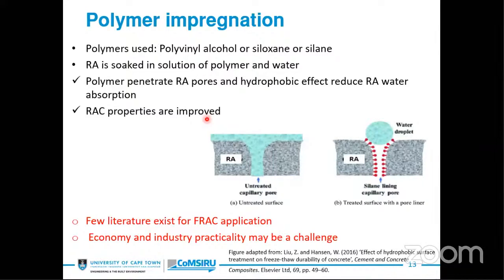The polymer solution penetrates RA pores and forms a thin film around it. The hydrophobic effect of the polymer reduces recycled aggregate water absorption. Consequently, the properties of recycled aggregate concrete are improved. We can see from this picture here that there's hydrophobic action, which obviously reduces water absorption.